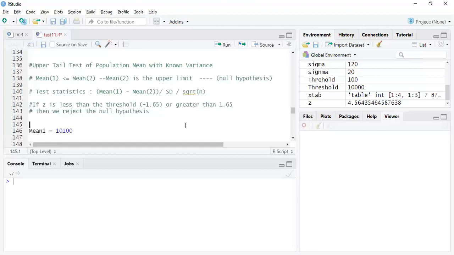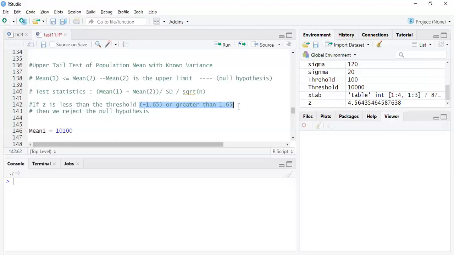So the 95% confidence level corresponds to 1.65 and negative 1.65. If the test statistic that you find using this formula is falling outside this boundary, negative 1.65 and positive 1.65, then we reject the null hypothesis.